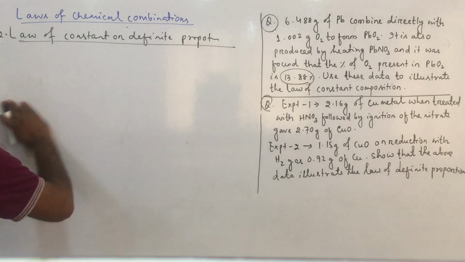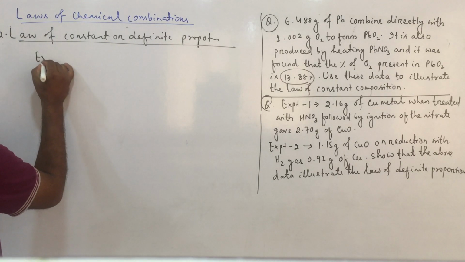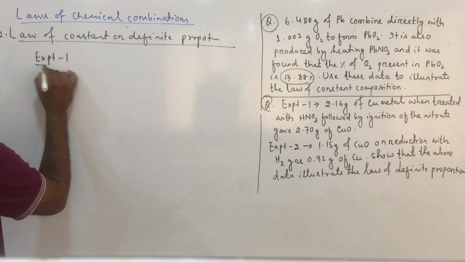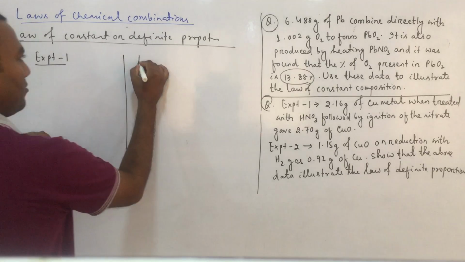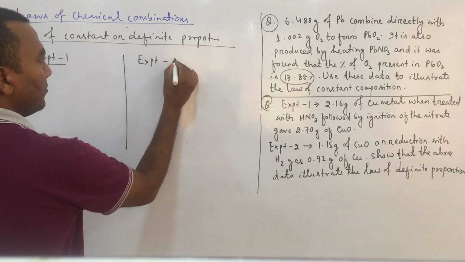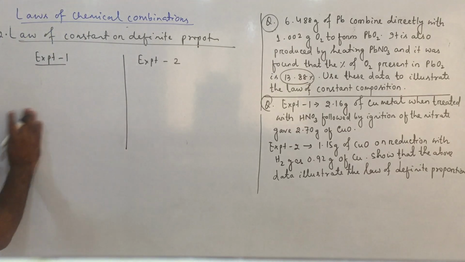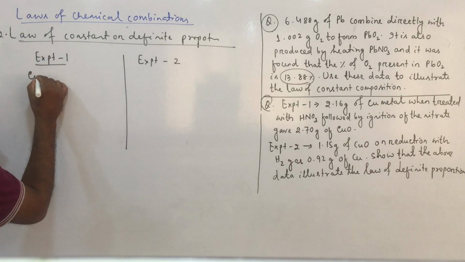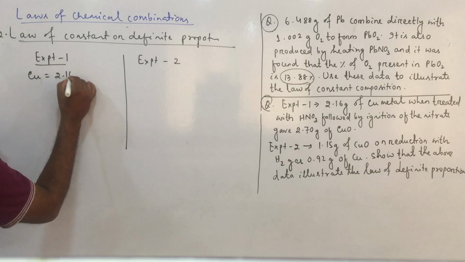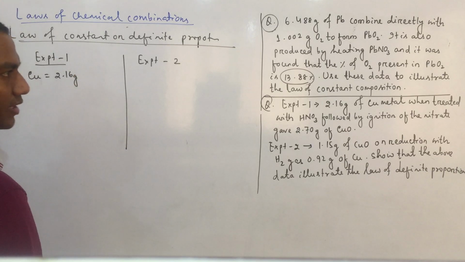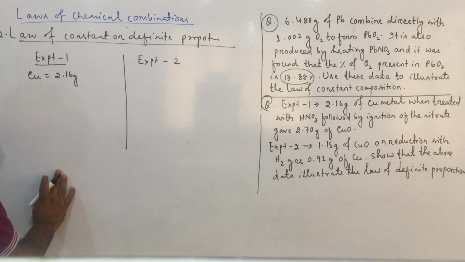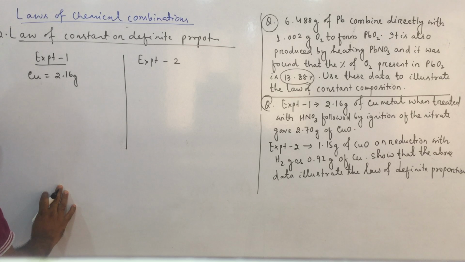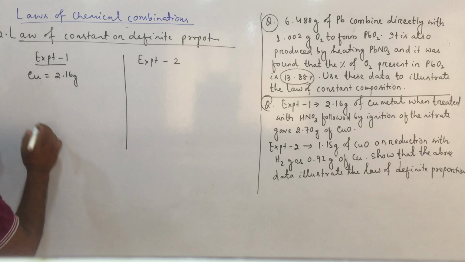So here is the second question answer. First one is experiment 1 and another one is experiment 2. In experiment 1, how much gram of copper? Copper is 2.16 gram. When treated with nitric acid followed by ignition, the nitrate gave how much gram of copper oxide?